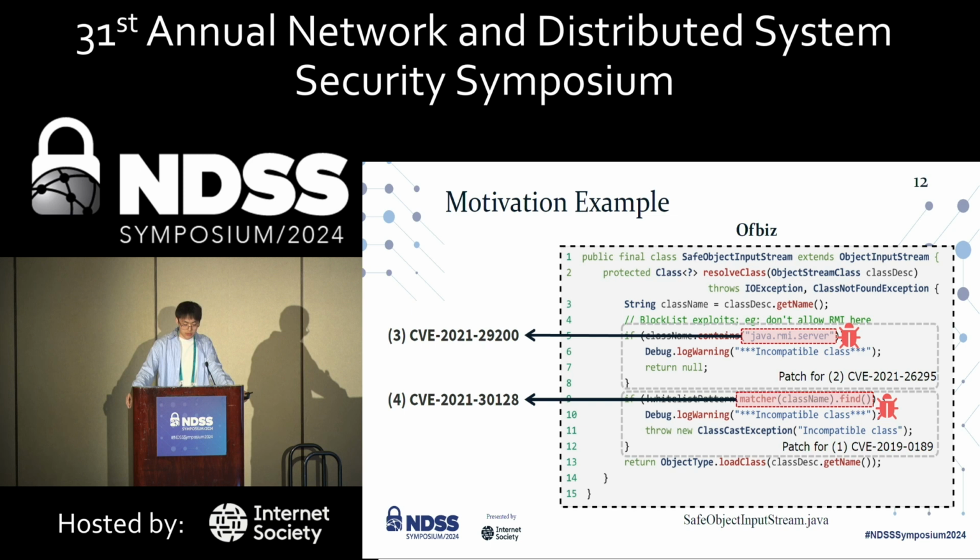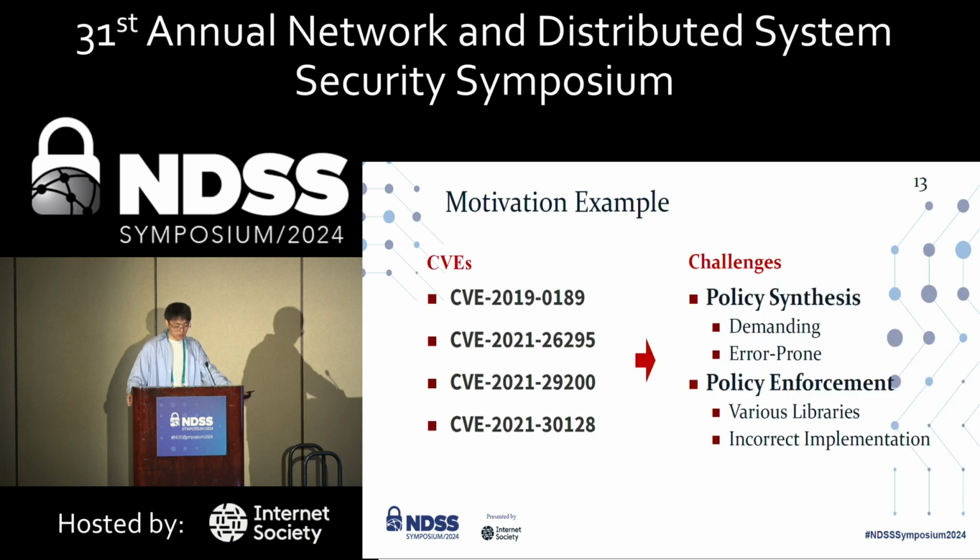Specifically, the issue lies in the allowlist regular expression matching, which can be bypassed by attackers to deserialize arbitrary classes. So in the process of fixing these CVEs we demonstrate two challenges of protecting Java application from deserialization attacks. First, formulating allowlist policies requires significant effort and is prone to error. Second, enforcing this policy across various deserialization libraries introduces complexity and an increased risk of mistakes.